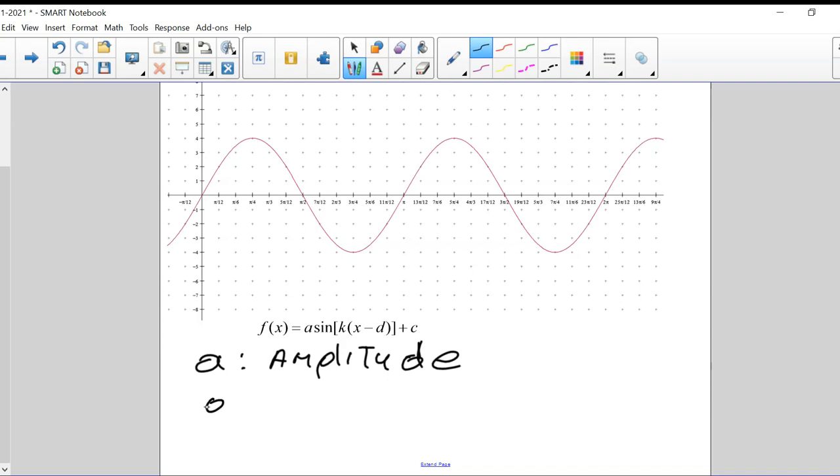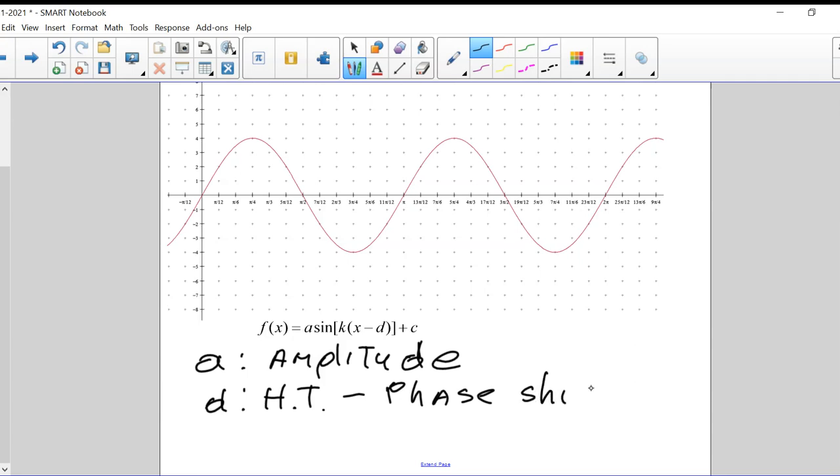The D is what we used to call the horizontal translation back when we were doing transformations, and I usually abbreviated that HT, but in this context we're going to call it a phase shift. So when you're doing trigonometric functions, you talk about a phase shift. You can phase shift it to the right or to the left by a certain number of radians or degrees or whatever.